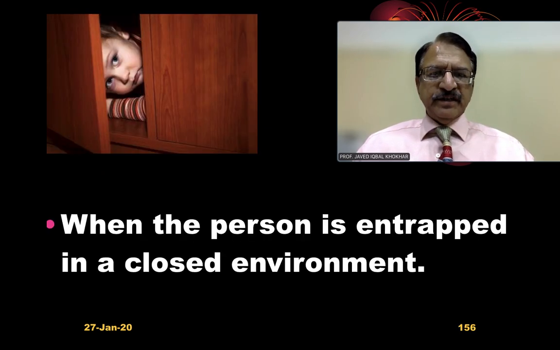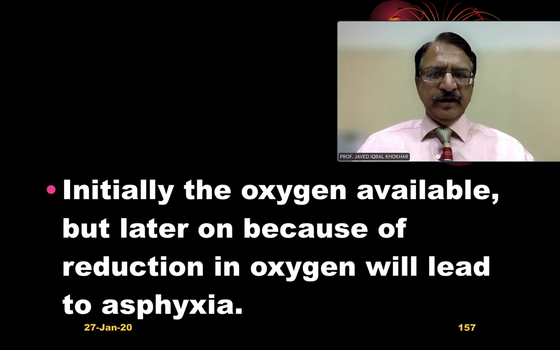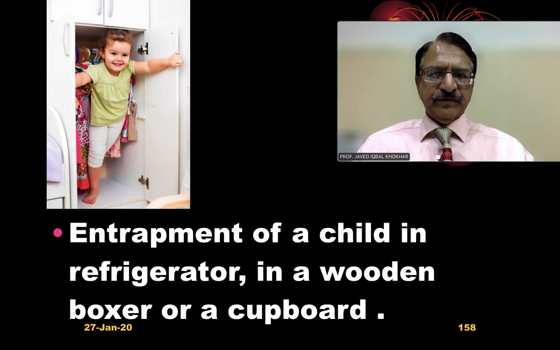Now, entrapment. When the person is entrapped in a closed environment, initially the oxygen is available, but later on, because of the reduction in oxygen, it will lead to asphyxia. Entrapment of a child in a refrigerator, a wooden box or a cupboard is usually accidental.